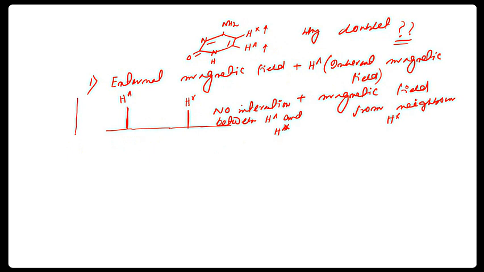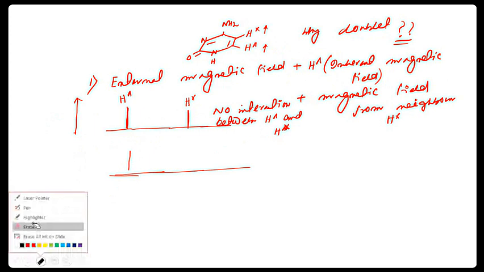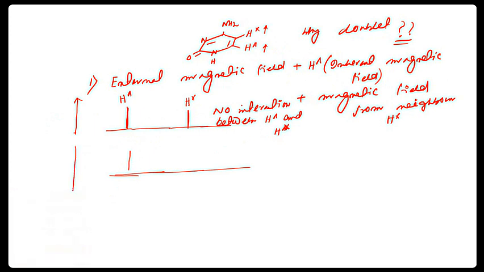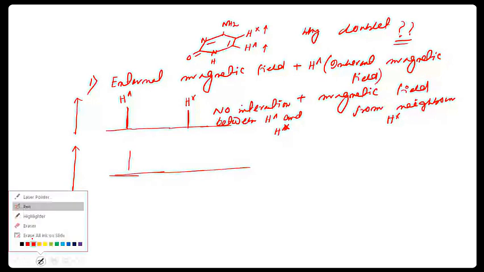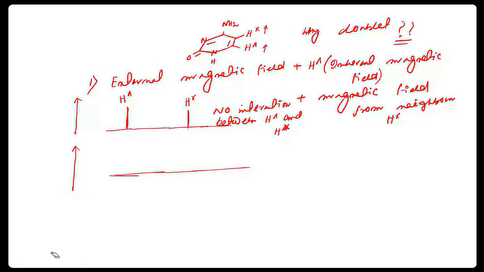Definitely, they experience it in the presence of the external magnetic field. Now we see what happens. With the external magnetic field, look: the nuclear spin of Hx aligns along the external magnetic field. So this is the magnetic part from Hx.